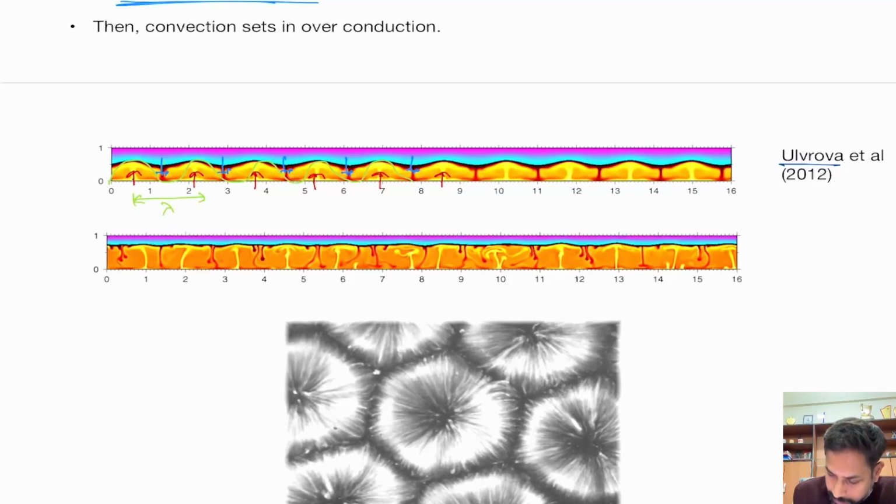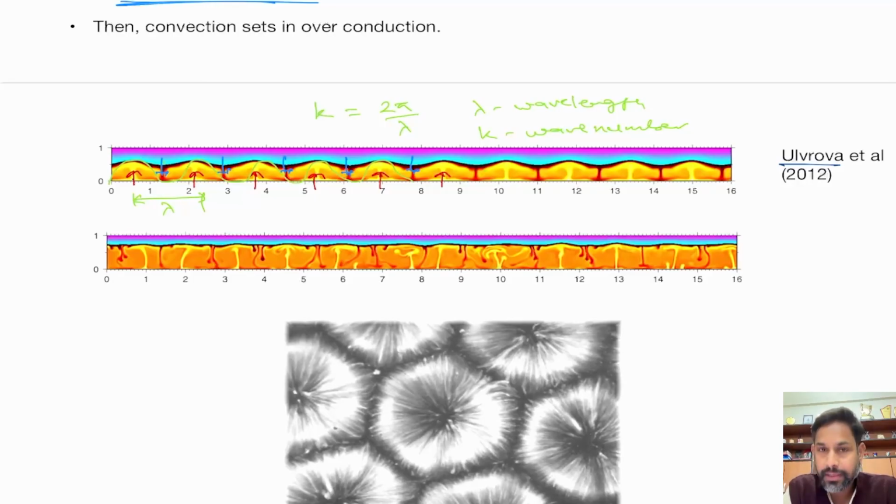So here let's say this is your wavelength, which will give us the wave number as 2 pi by lambda, where lambda is the wavelength and k is the wave number. So this is something we already discussed in the case of hydrodynamic instability or Helmholtz instability.